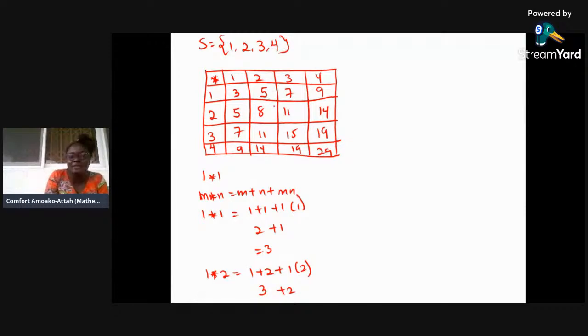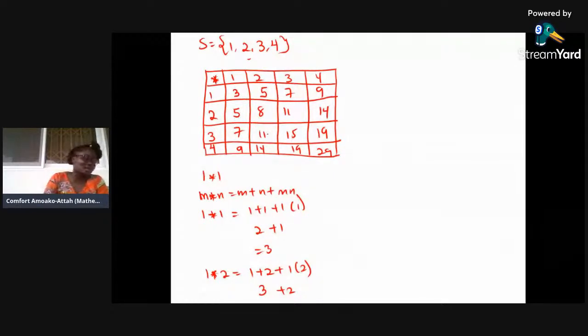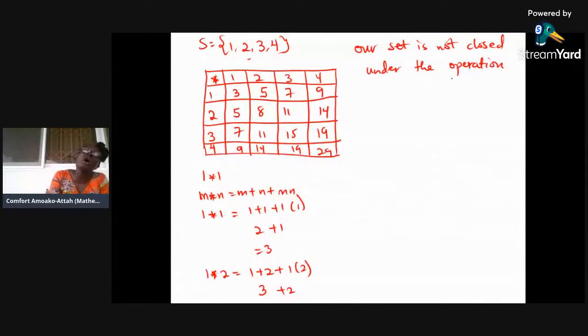So since we have some values like 7, 9, they are not all in the given set, we can say that our set is not closed under our operation. And you can take one, just to prove your answer.